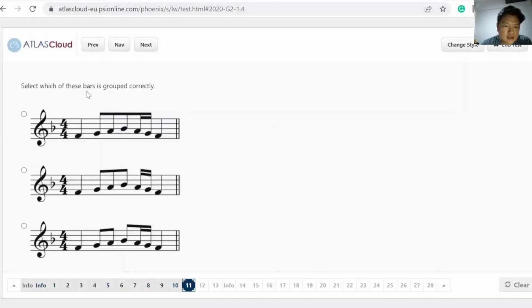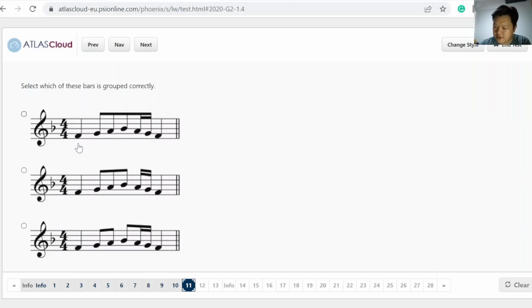Okay, next, select which of the bars are grouped correctly. Okay, remember 4/4 has to group by 1, 1, 1, 1. So you need to find the groupings that group by 1, 1, 1, 1. So look at the first one here. This is 1. This is 1 beat here.